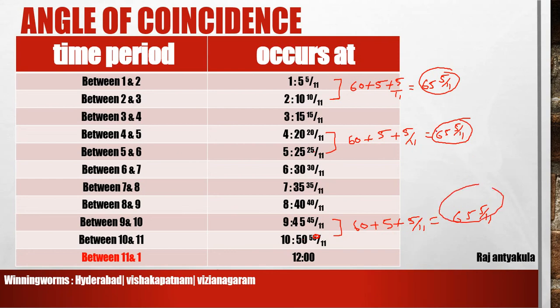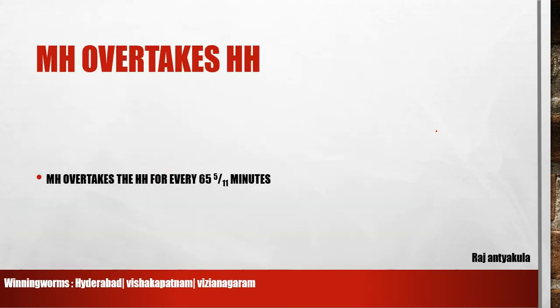We can say that the minute hand meets the hour hand every 65 5 by 11 minutes. Then only the watch is said to be running properly. We can say that the minute hand overtakes the hour hand every 65 5 by 11 minutes.